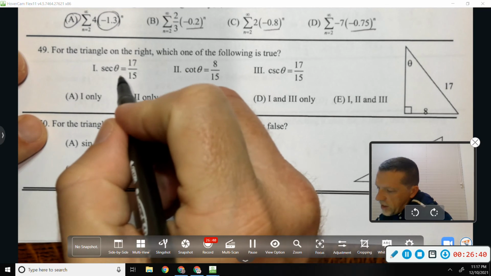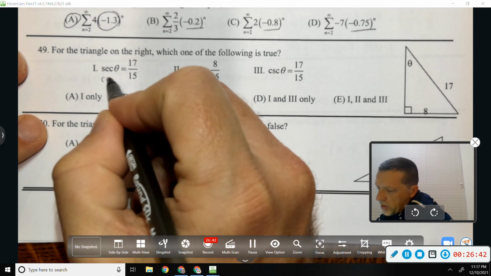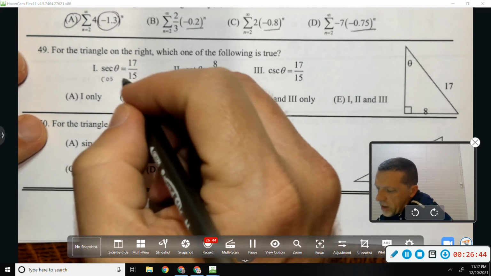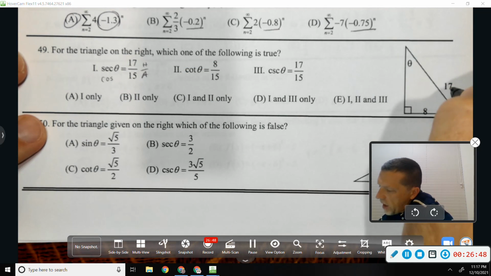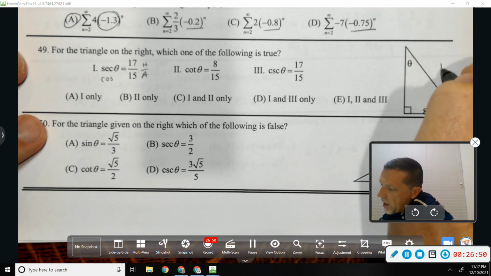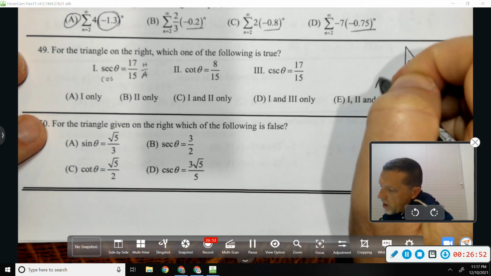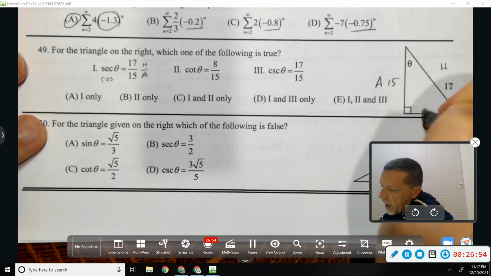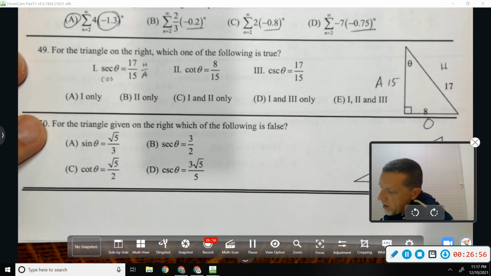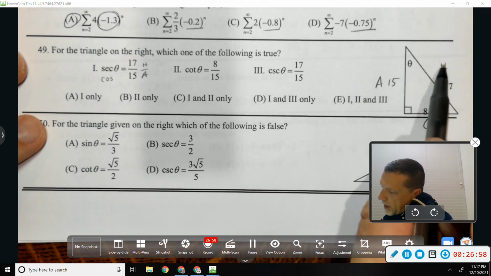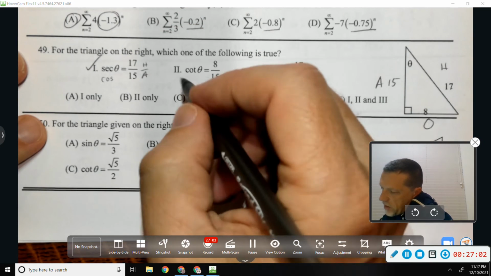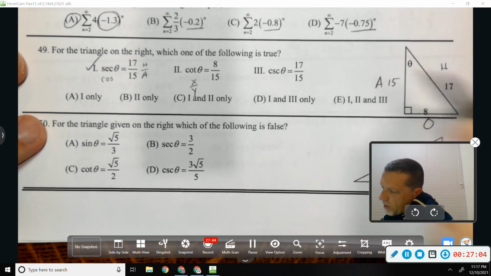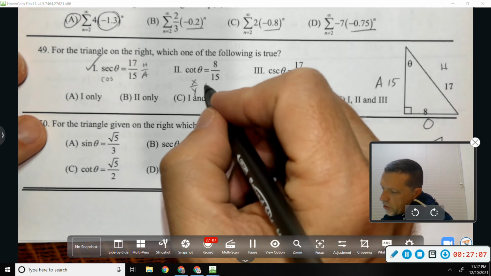Alright, secant is the flip of cosine. So that should be h over a. h is 17. Adjacent is 15, because it's an 8, 15, 17 triangle. So h over a is 17 over 15. That is true. Cotangent is x over y, or adjacent over opposite.